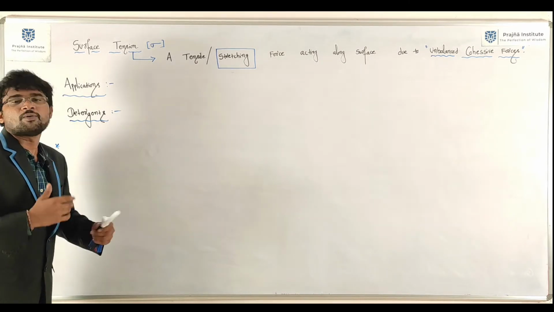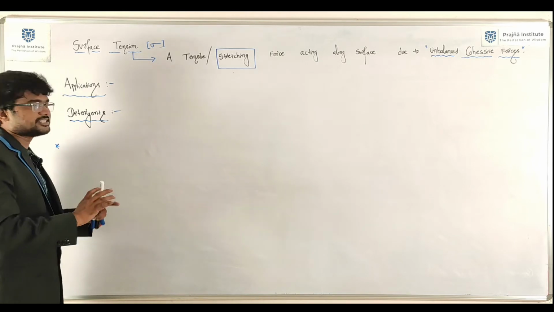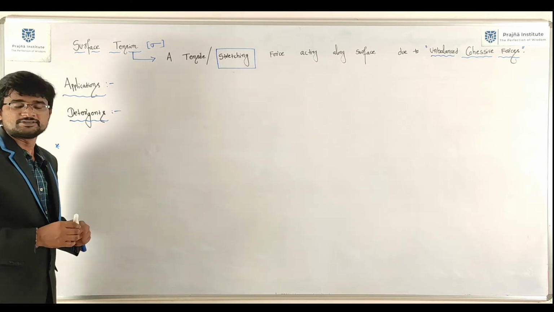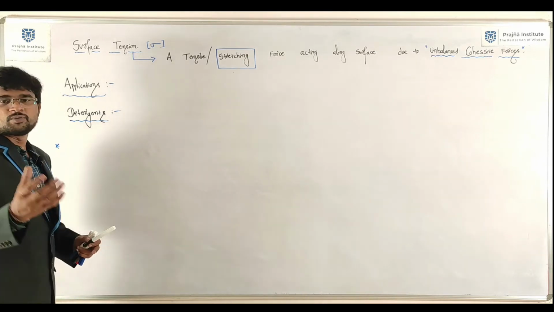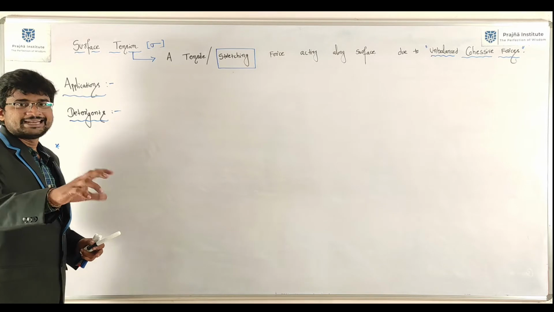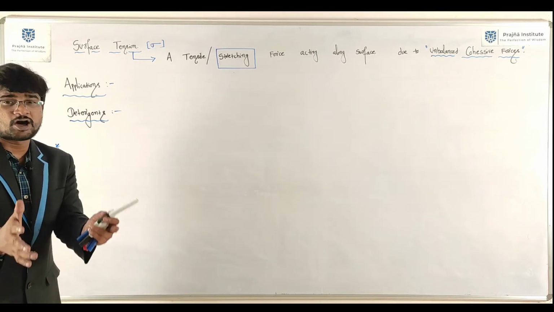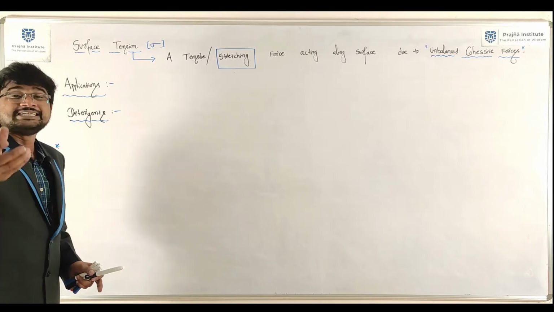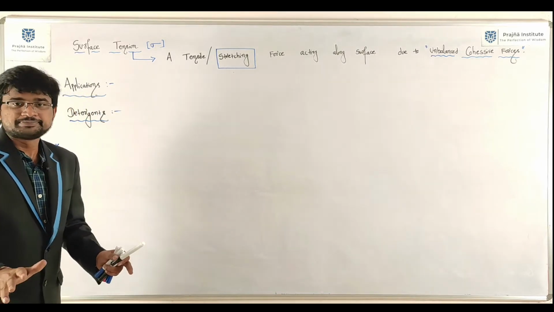So what is happening here? How do we relate the surface tension concept? We need to discuss in detail. Assume that one cloth is there, and it has some dust particles on it. You dipped that particular cloth inside the water.